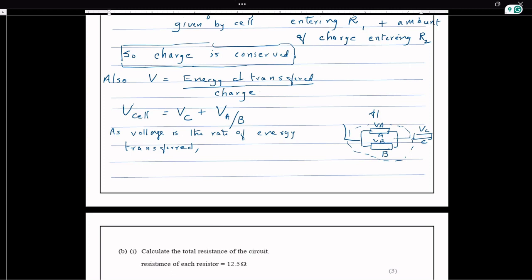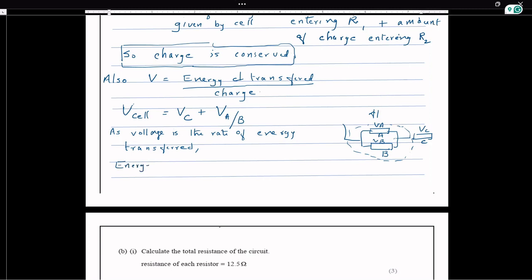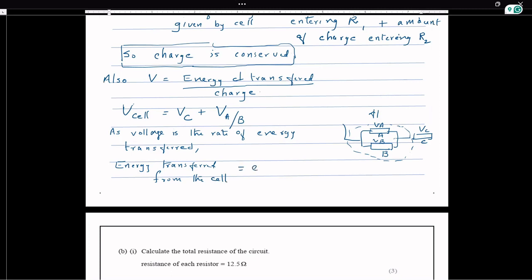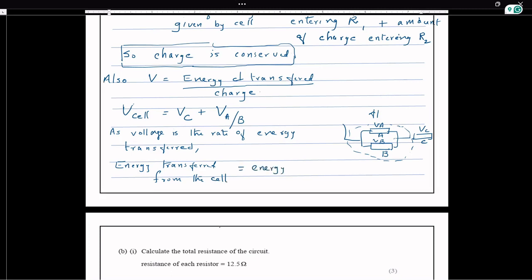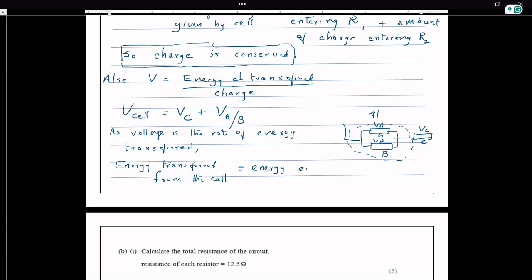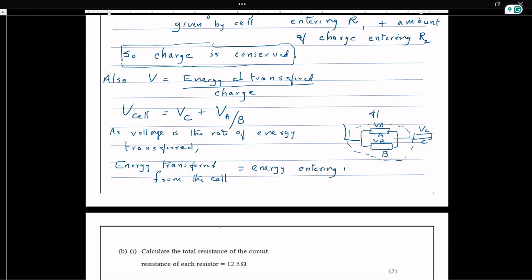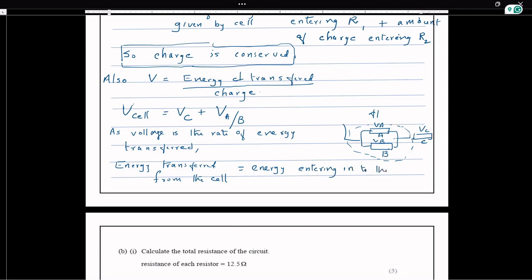Energy transferred from the cell is equal to energy entering into the circuit.